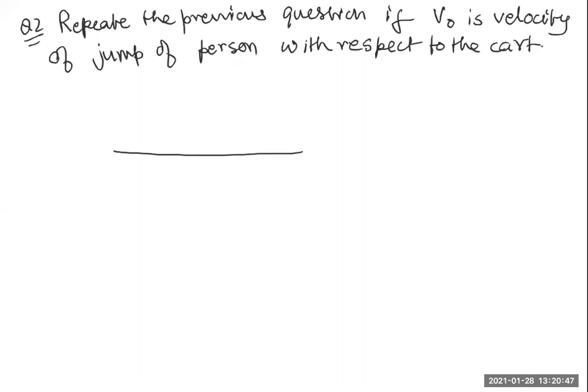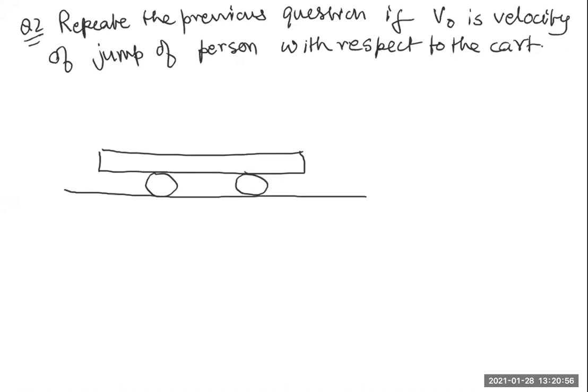So here, what is going to happen is that A is going to jump with a velocity v naught, but this velocity is with respect to the cart.